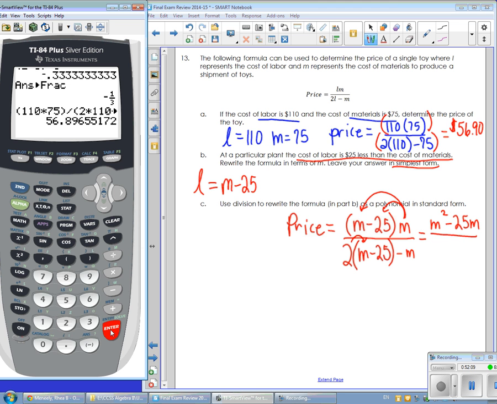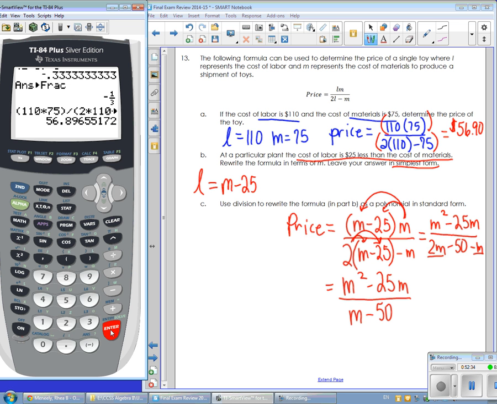That's going to be 2M, minus 50 when I distribute it to the negative 25. And then I still have this minus M. And so when I simplify, I'm going to have M squared minus 25M over, now that I can combine my M's, 2M minus M is just M minus 50. Okay, and so that would be my answer to letter B.